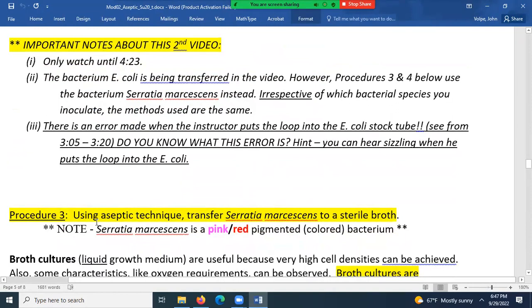Procedure 3 is using aseptic technique to transfer Serratia marcescens to sterile broth. With Serratia marcescens growing in a broth, it should look pink.